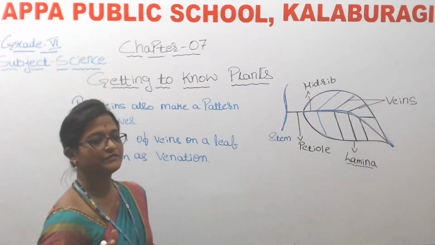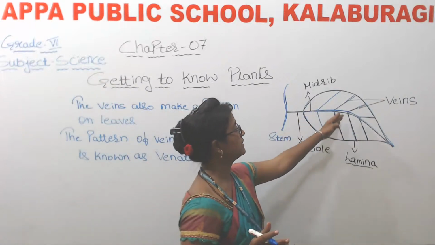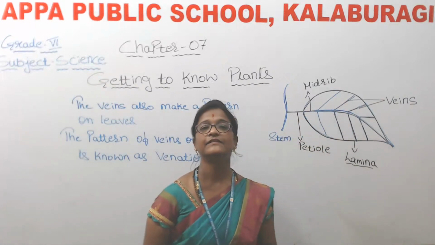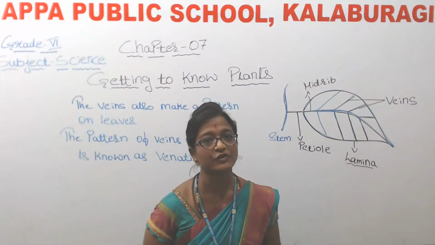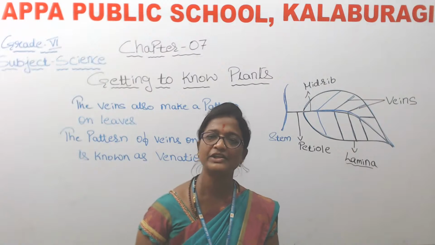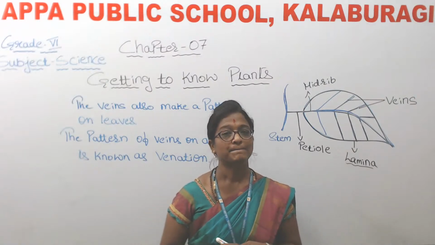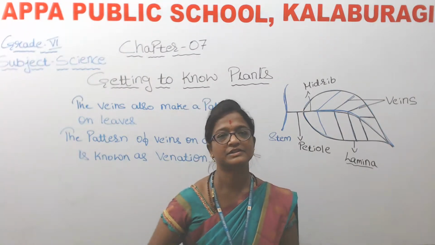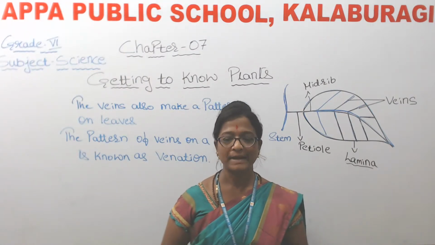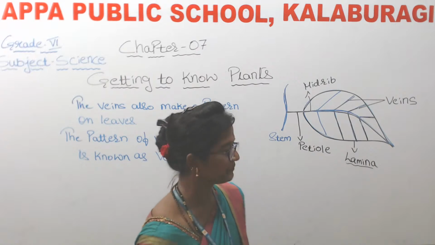These patterns they make, that is known as leaf venation. And in leaf venation there are two types of venation. One is reticulate venation and the other one is parallel venation. So let us discuss what do you mean by reticulate venation and what do you mean by parallel venation.